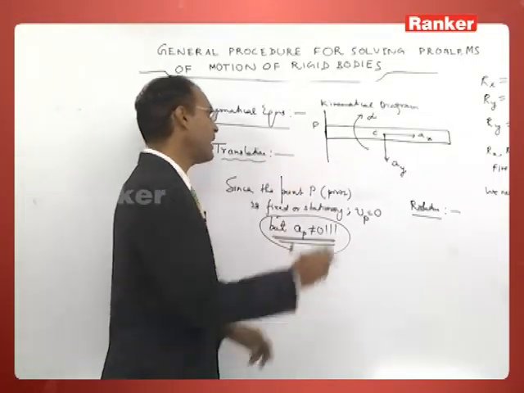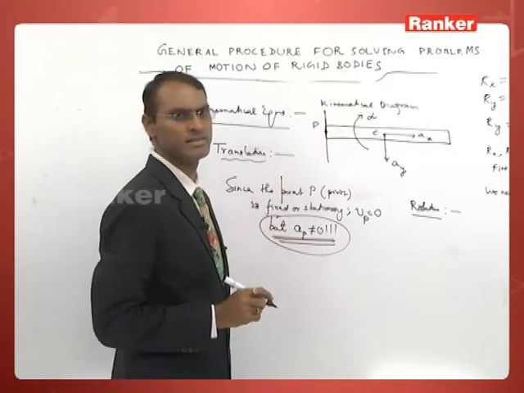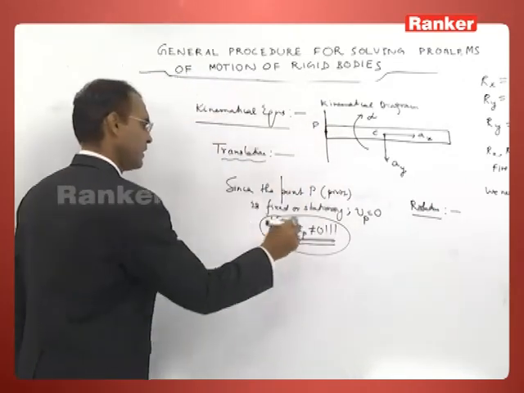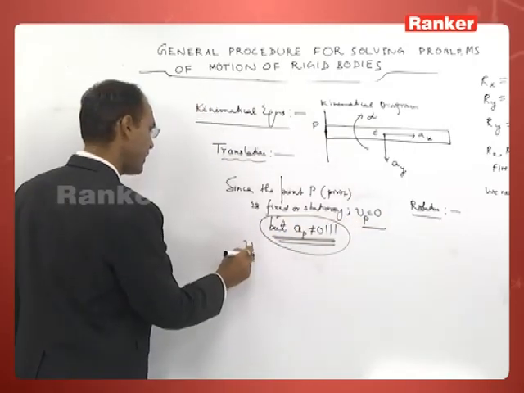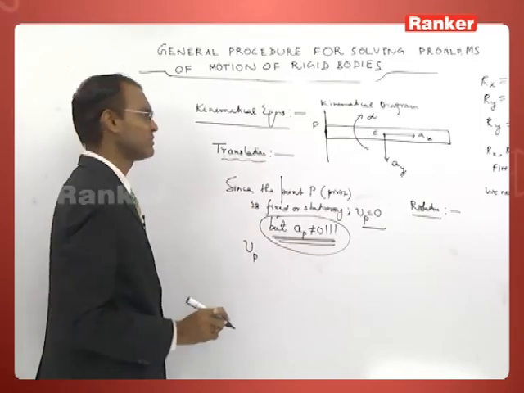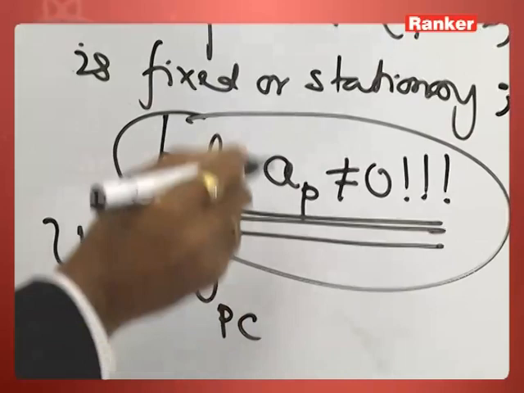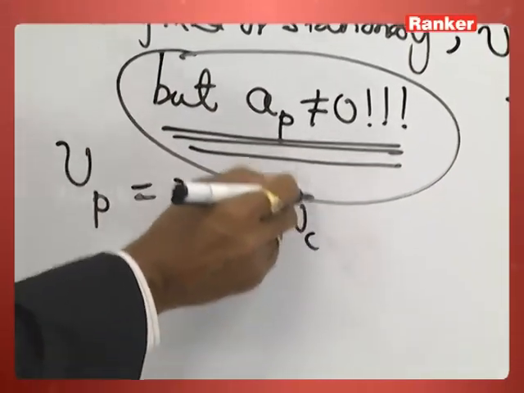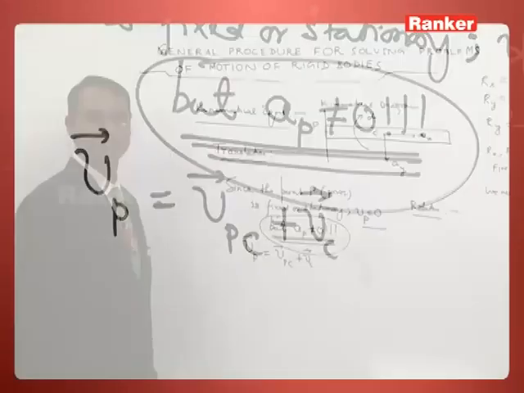Since this point P is not moving because it is pivoted, its velocity is 0. And velocity of this point P is equal to velocity of this point P with respect to C plus velocity of C according to Galilean transformation of velocity.